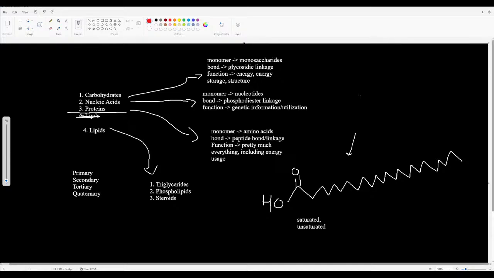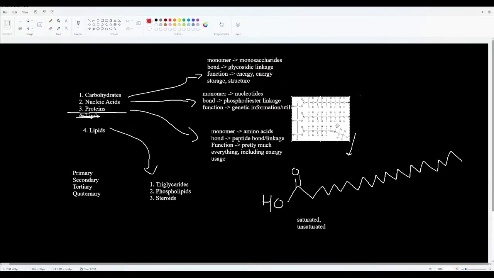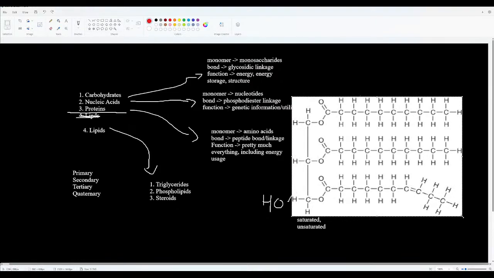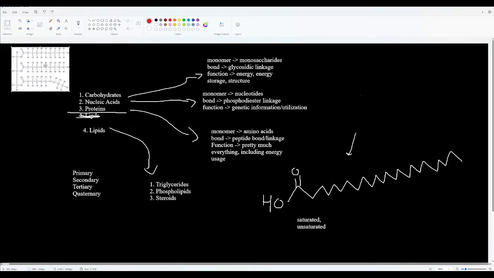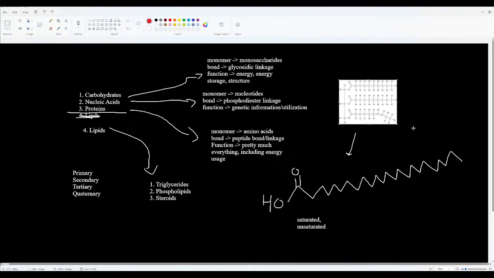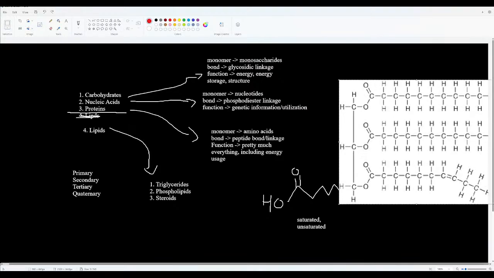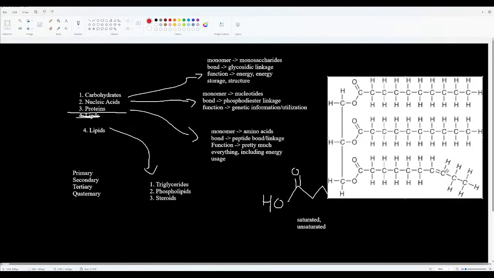No, that's not a good example. Here, I just want to avoid having to draw this out because it is quite a lot. Yeah, that should be good enough.